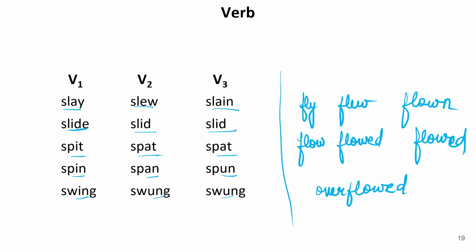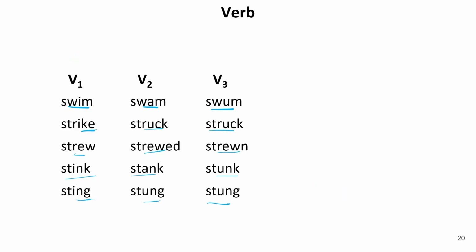For example, if I write hit, the second form of hit is again hit and the third form is again hit. Now we have other forms like swim, swam, swum; strike, struck, struck; strew, strewed, strewn; stink, stank, stunk; sting, stung, stung. So we have some other forms as well.